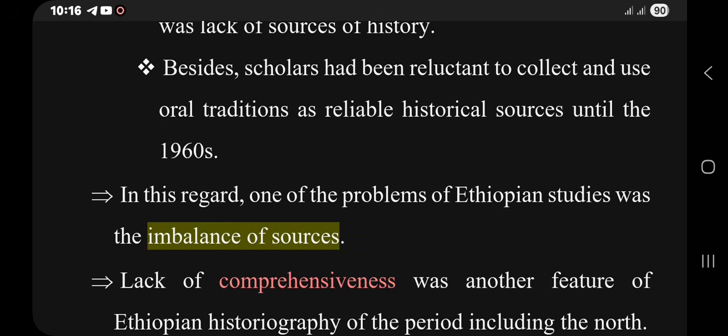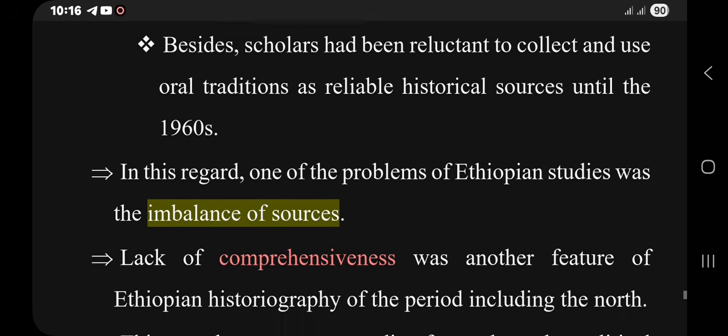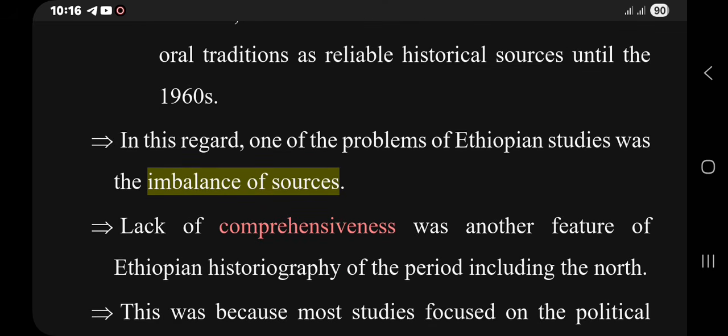In this regard, one of the problems of Ethiopian study was imbalance of sources. In the north we can have relatively more historical sources, but in the south there was scanty historical information. So a major problem of Ethiopian studies until 1963 was imbalance of sources.